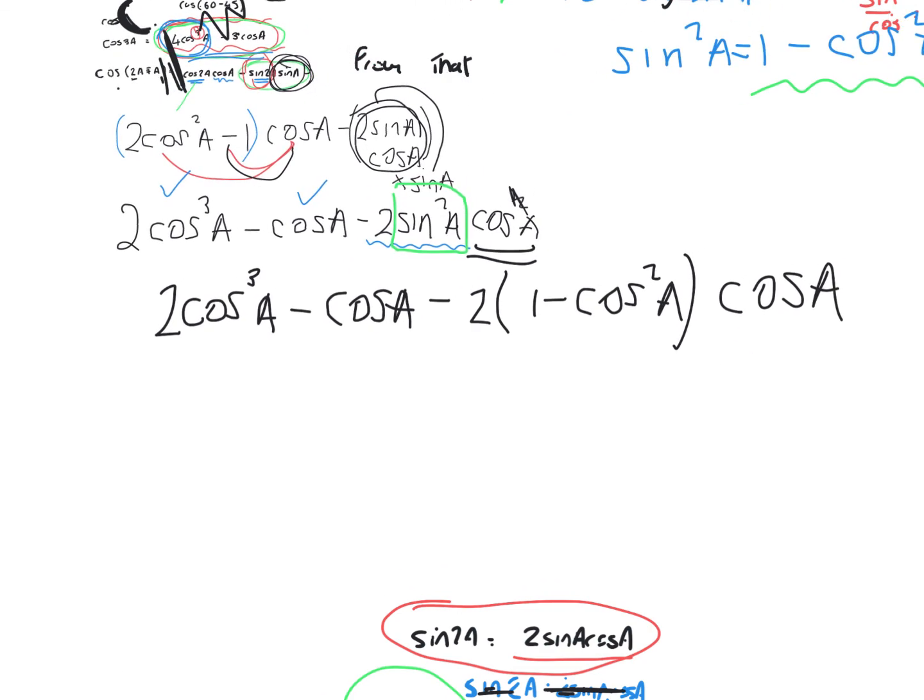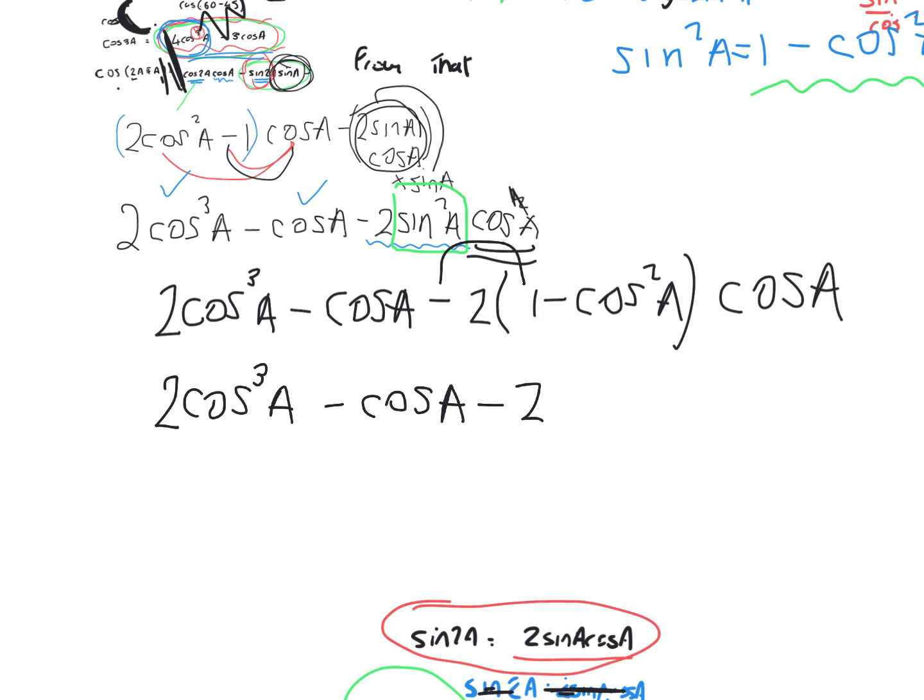Okay, so 2 cos cubed A minus cos A. That's fairly straightforward.